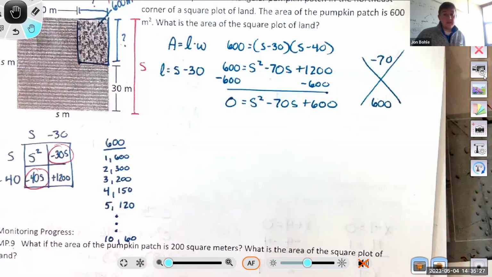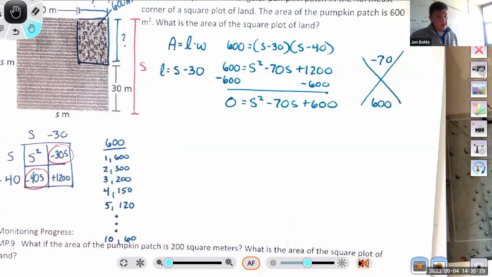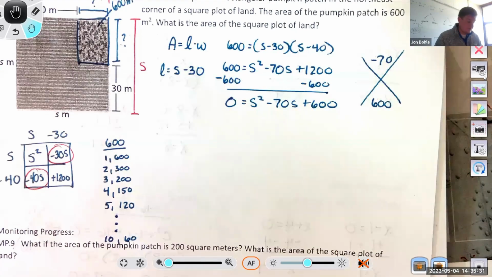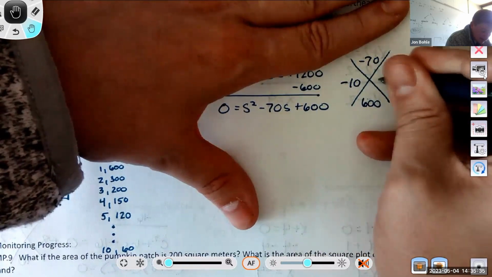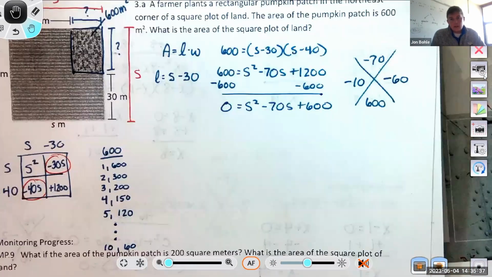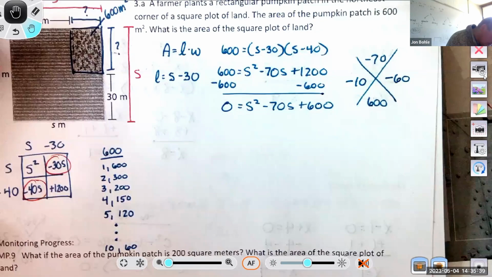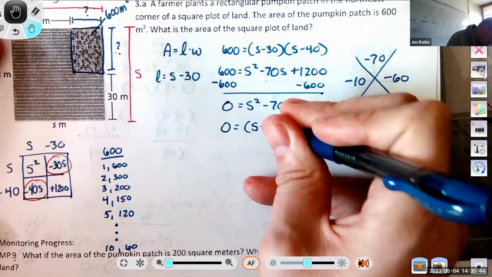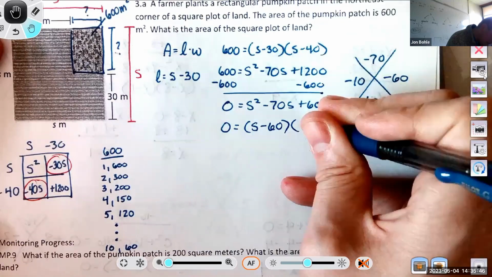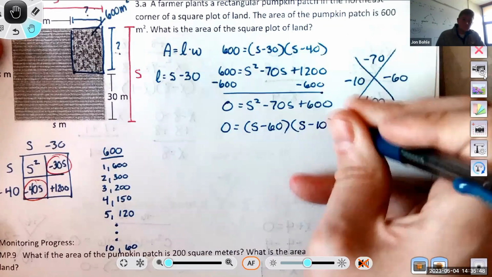Okay, so it might take a little bit of time if you don't know this right off the bat, but 10 and 60 is going to be your combination. They're both negative because I'm multiplying to a positive but adding to a negative. So this factors into 0 is equal to S minus 60 times S minus 10.